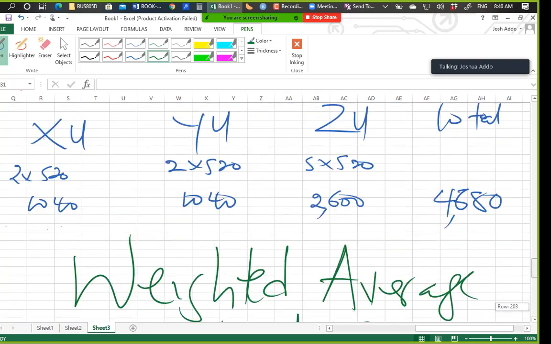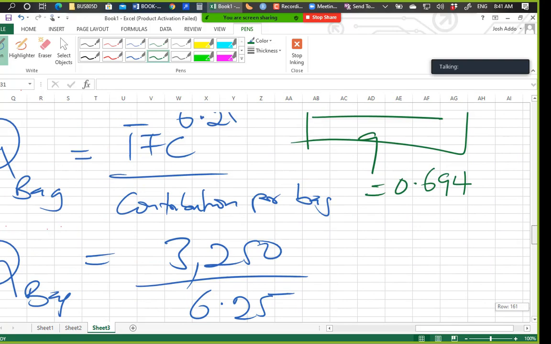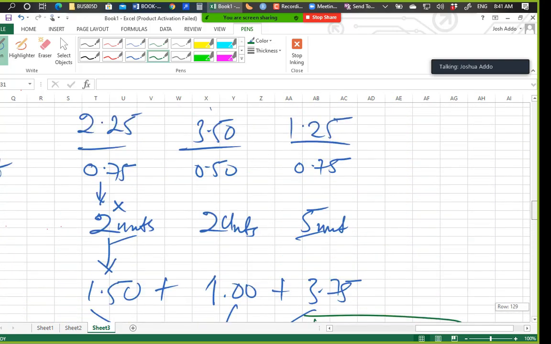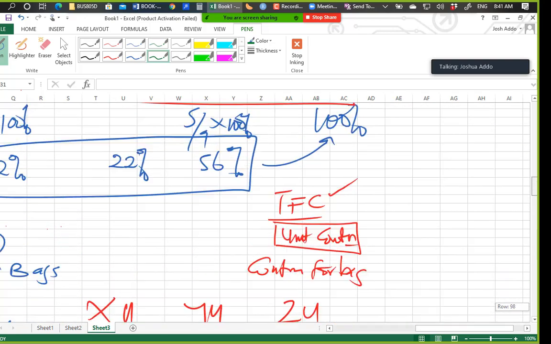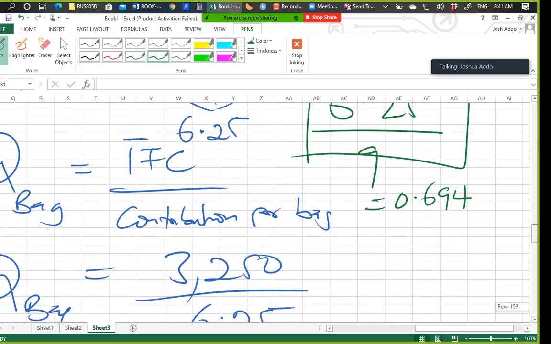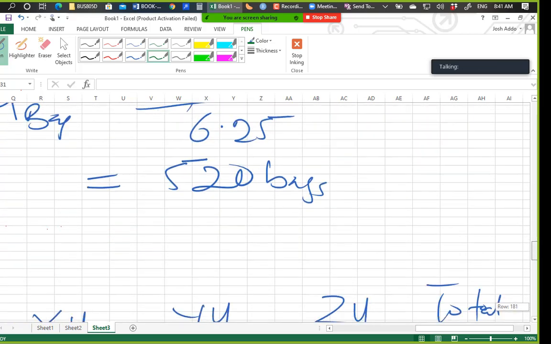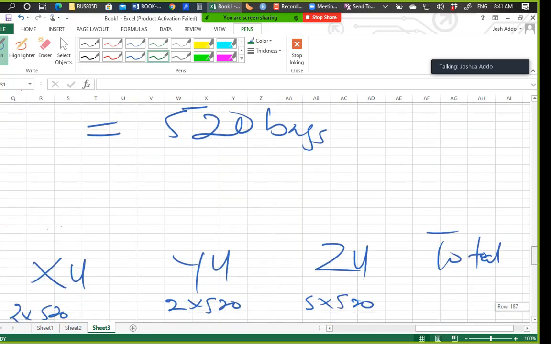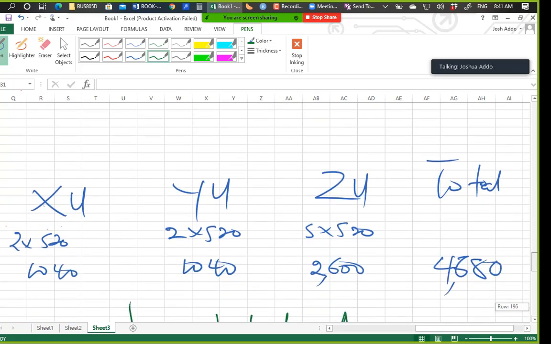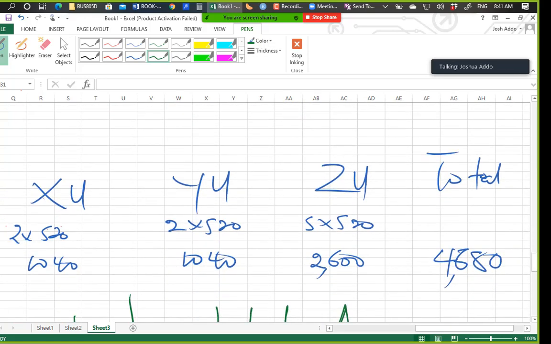See this figure. That's the same figure you had here. When we got the bags, 520, and we separated them, 1040, 2600. When we added them together, have you now seen we had the same thing, 4680? Yes.